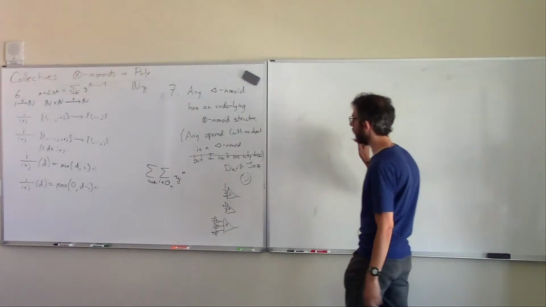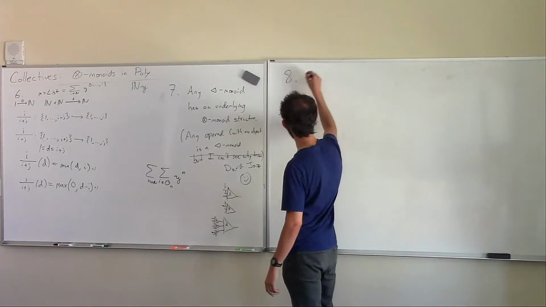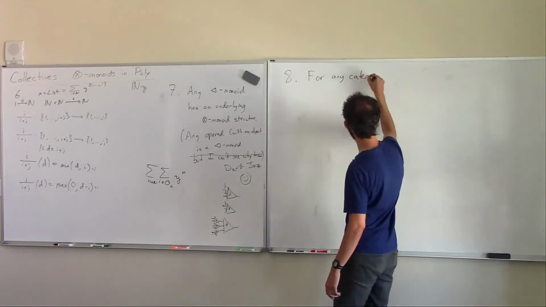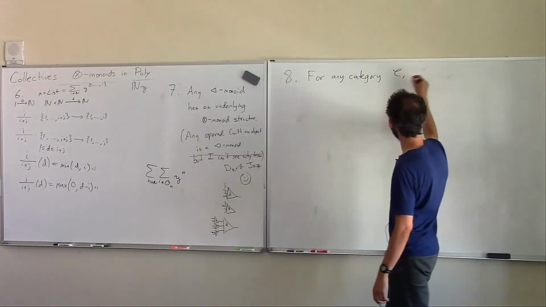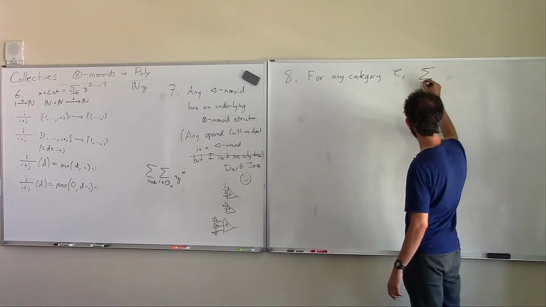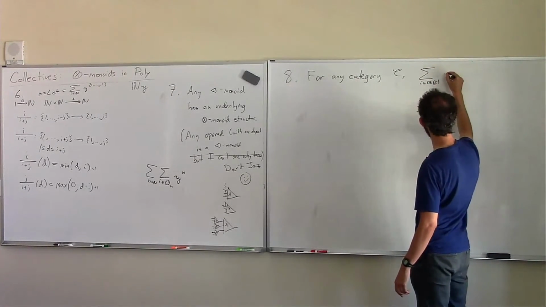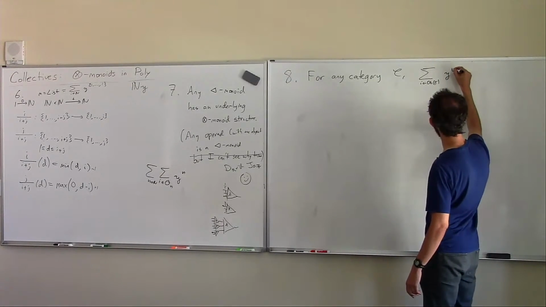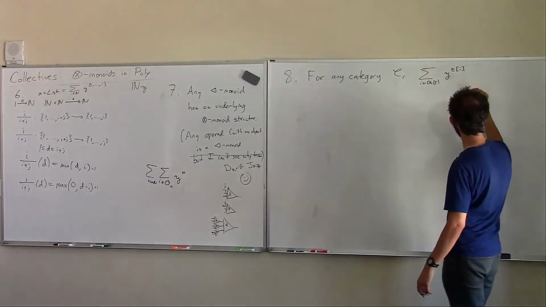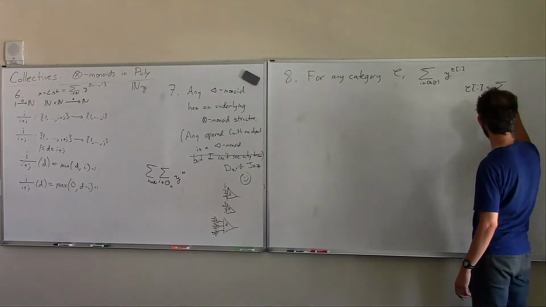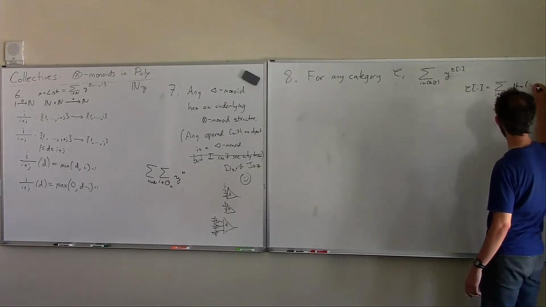Okay, so the last example I want to give is for any category. So think in your mind of any category you want. C, this thing, the sum over I in ob C of y to the C bracket I, where C bracket I is the coproduct of all j in ob C of hom(i,j).